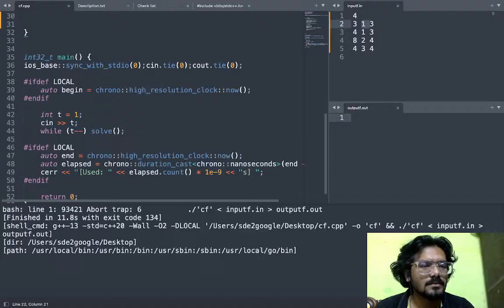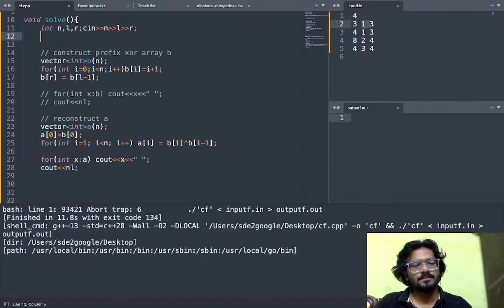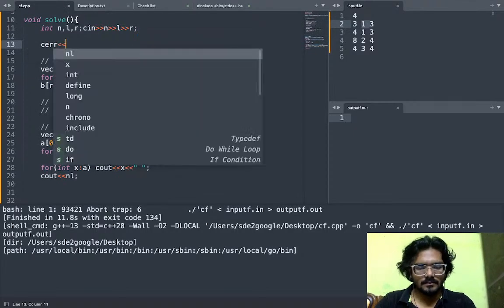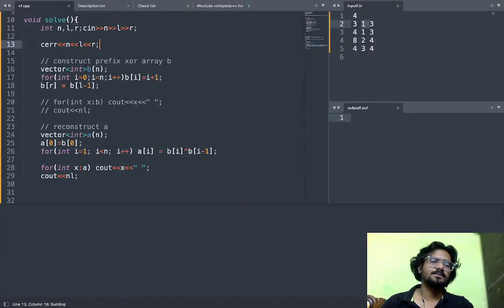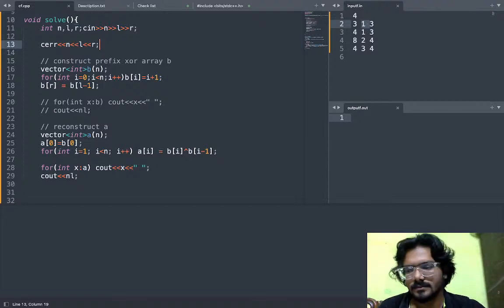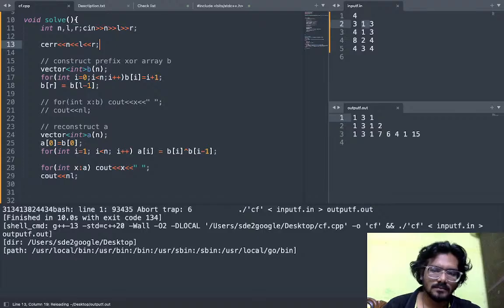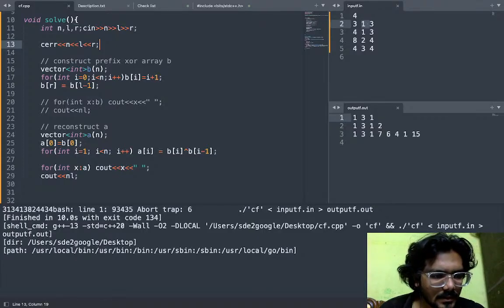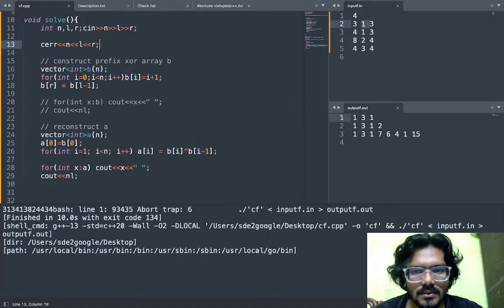Reading for 1, looking for, yeah, 31341 and 824.